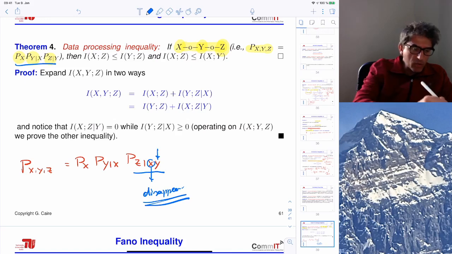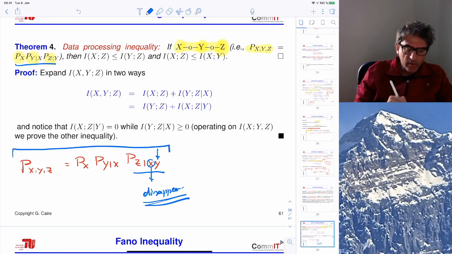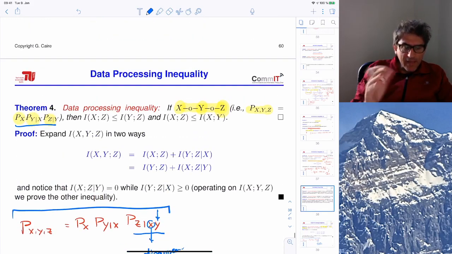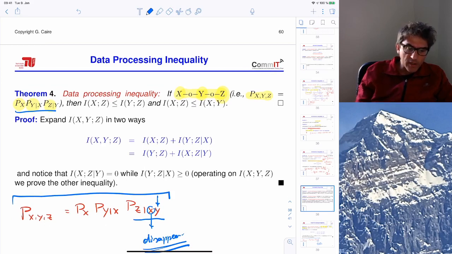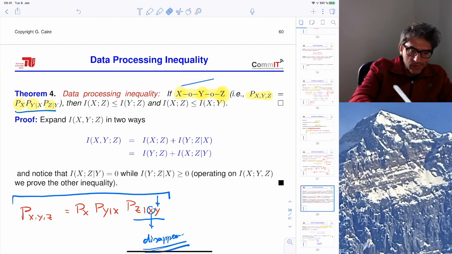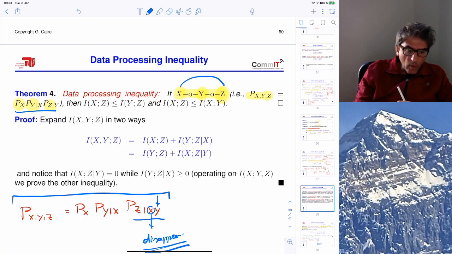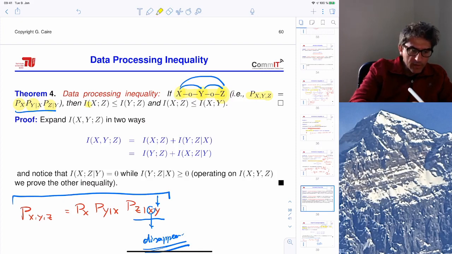They would normally obey the general rule. But if the three random variables form a Markov chain in this order, then it turns out that the mutual information between the extremes, X and Z, is always less than or equal to the mutual information between either X and Y or Y and Z. So we have these two inequalities.